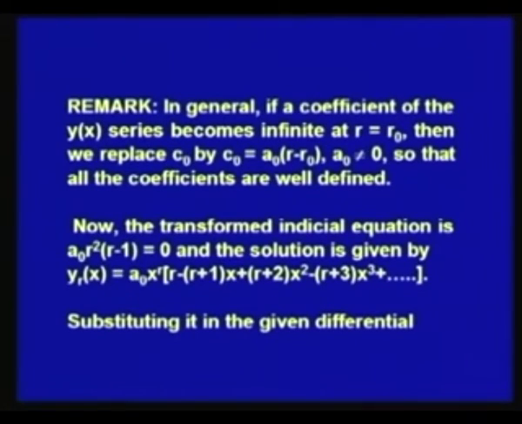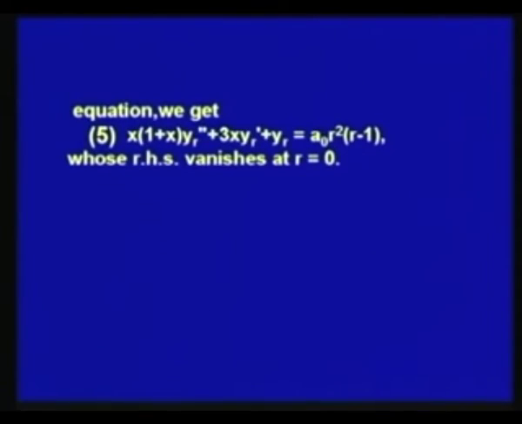Substituting this series for y_r(x) in the given differential equation, we get x(1+x)y_r'' + 3x y_r' + y_r equal to the initial equation A0 r²(r-1), because y_r satisfies all the recurrence relations except the initial equation, and the initial equation which was C0 r(r-1) = 0 changed into A0 r²(r-1) after we had chosen C0 equal to A0 r.